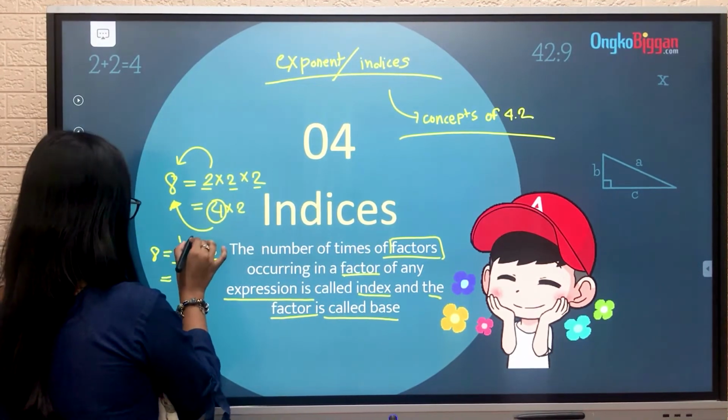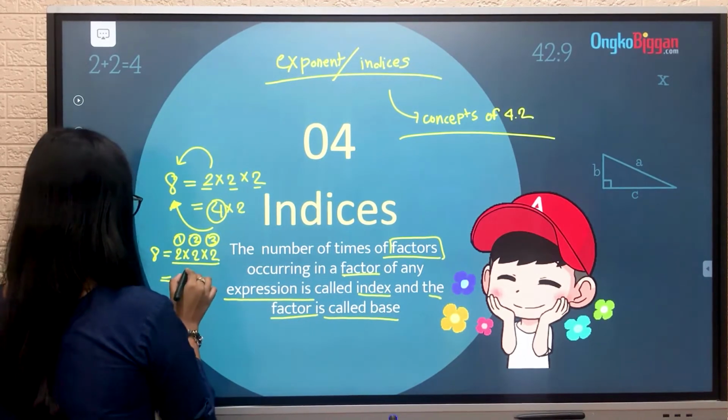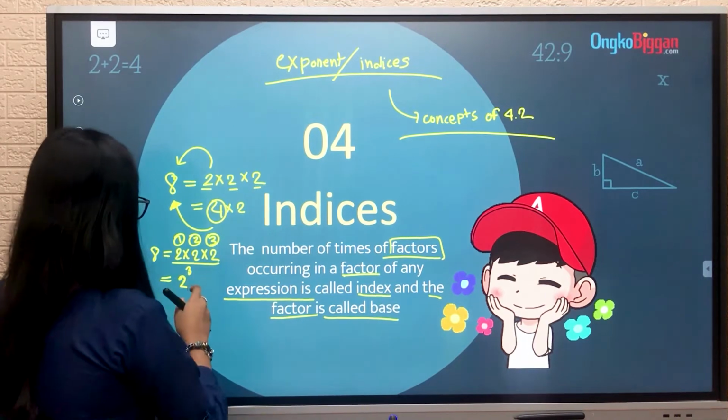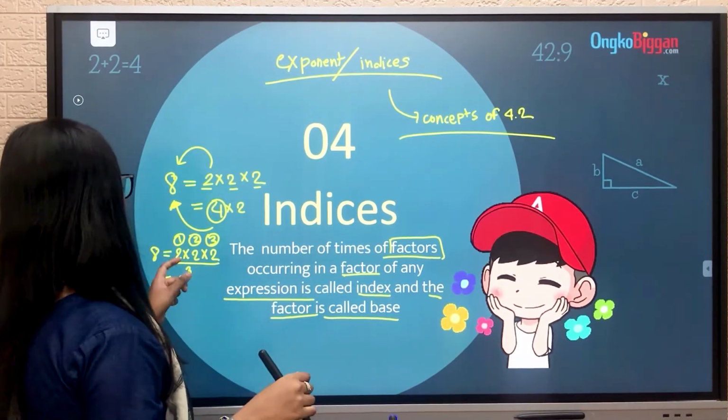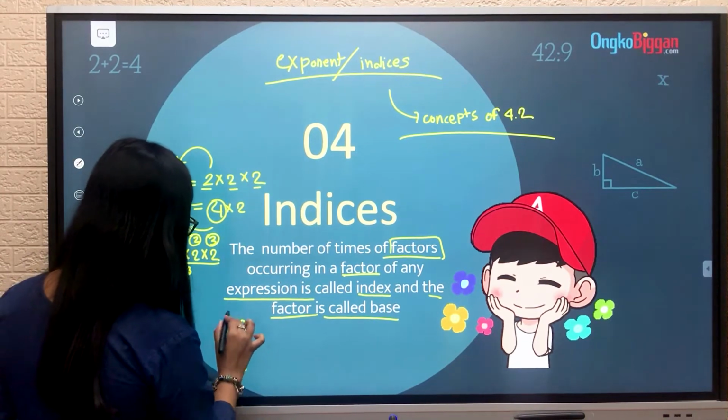There are 3 2's, so we will just write this 3 in the upper portion of the 2.